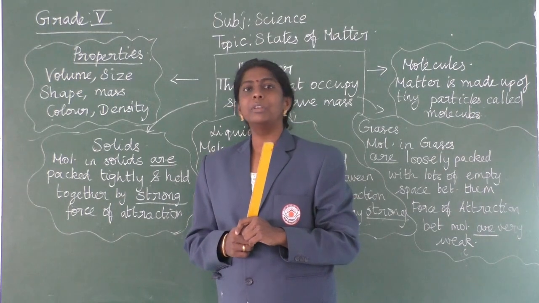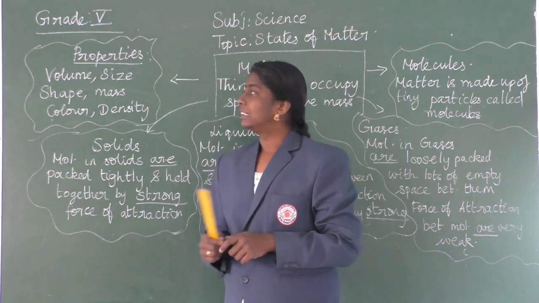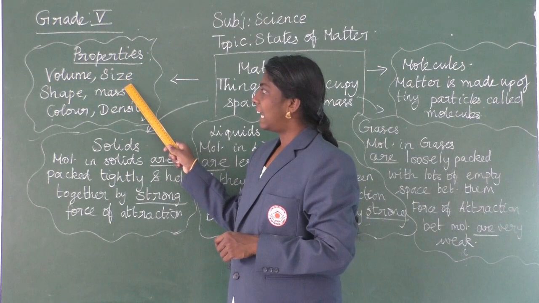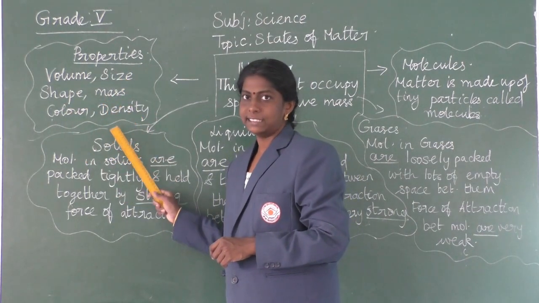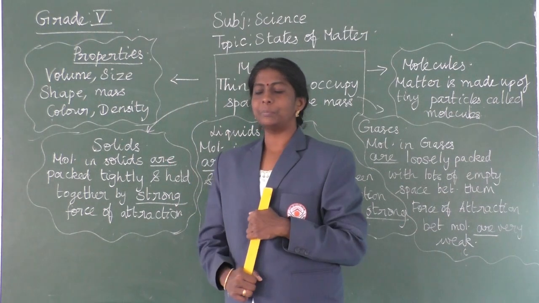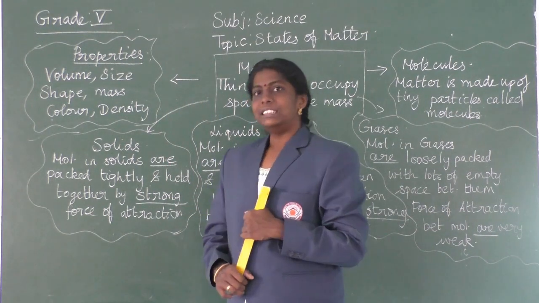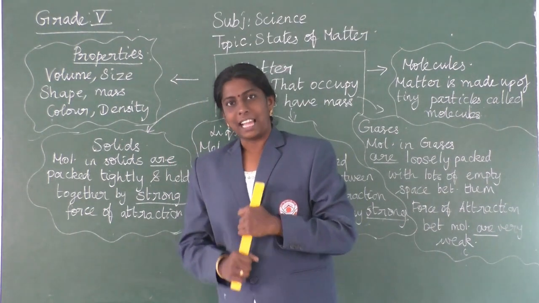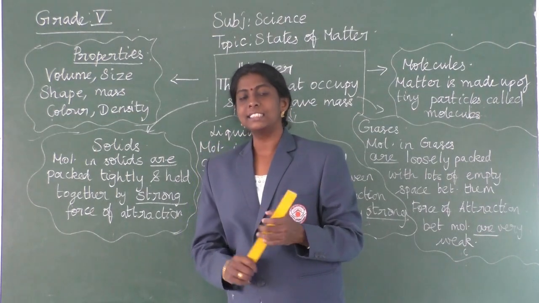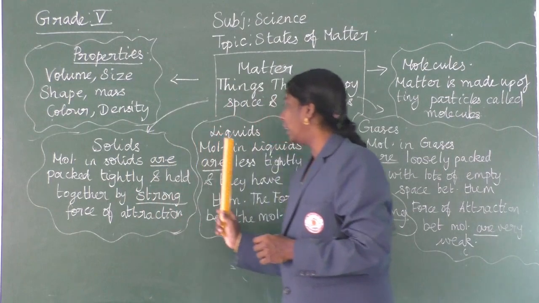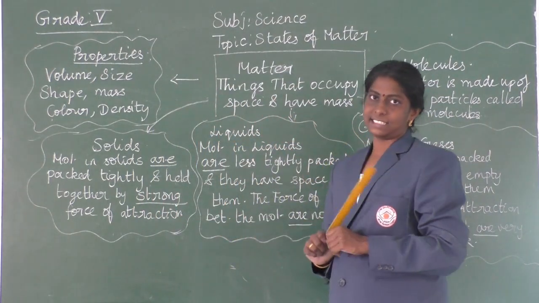We are going to learn about different properties, that is volume, size, shape, mass, color, density and so on. Generally, matter is classified into three types: solids, liquids and gases.